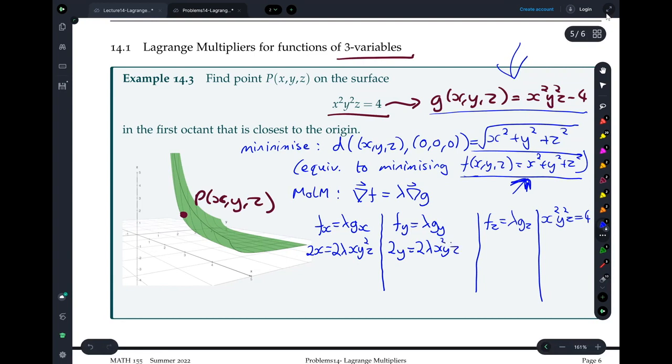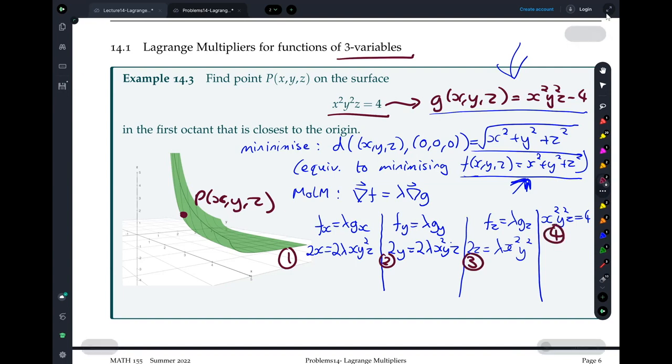And then our partial with respect to z is going to be 2z is equal to lambda x squared y squared. Okay, so these look quite nasty to work with, but actually they're not that bad. So let's call this equation 1, this equation 2, this equation 3. We'll call this one 4 as well.